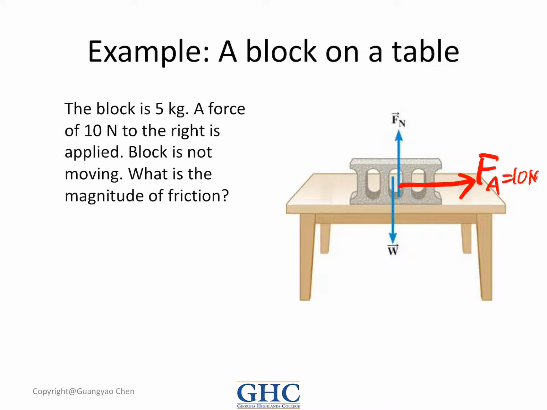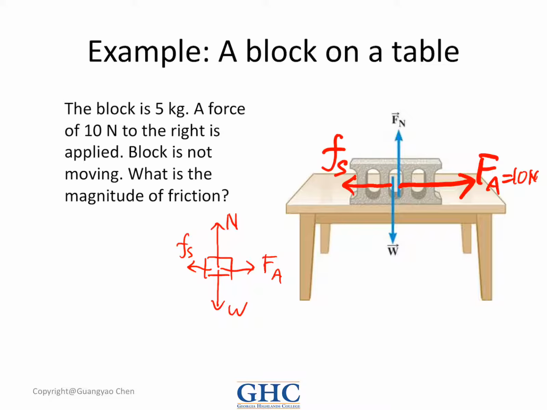And the block is not moving either, so there has to be some other force in the opposite direction, which should be our static friction if the block is not moving. So if you draw the free body diagram for the block, you have normal force, weight, force applied, friction.